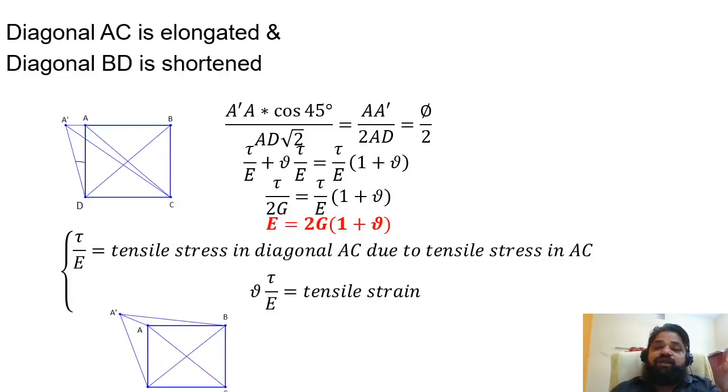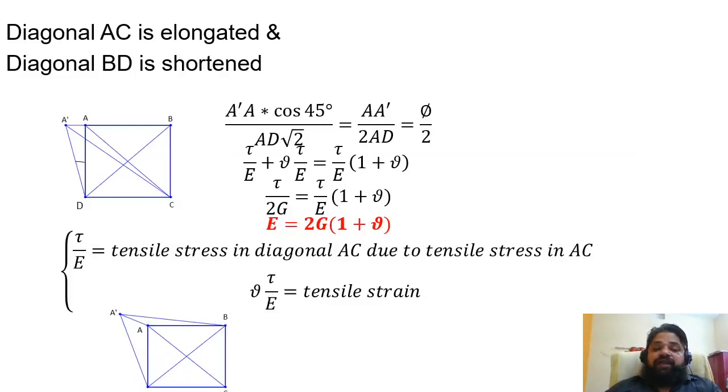The shear stress only induces angular distortion, but here we are not considering the angular distortion; rather we are considering the proportionate length, to establish the relation between the shear stress, the corresponding shear modulus and the Young's modulus. The same steps have been followed.